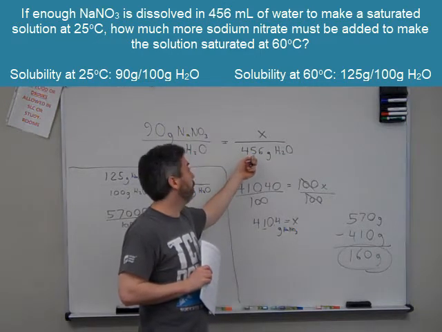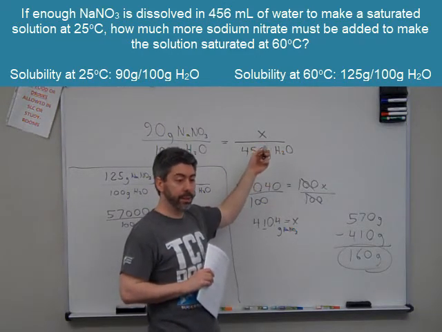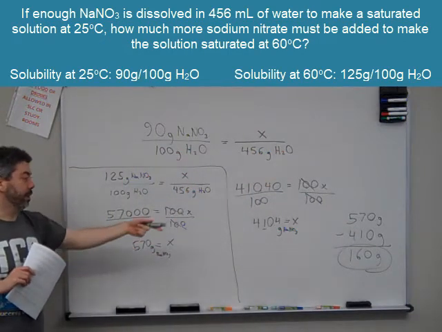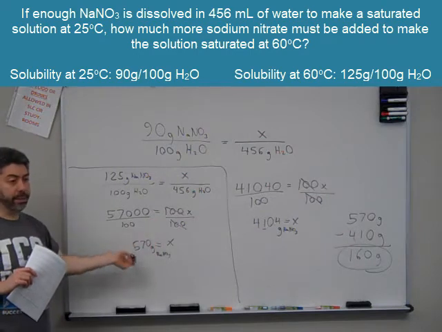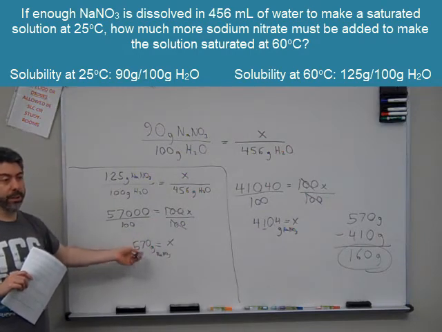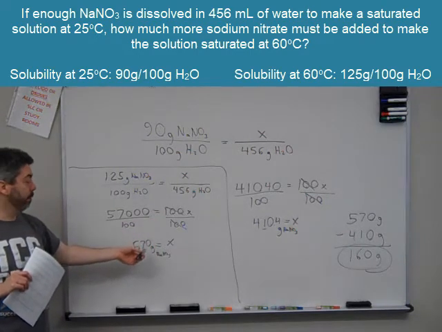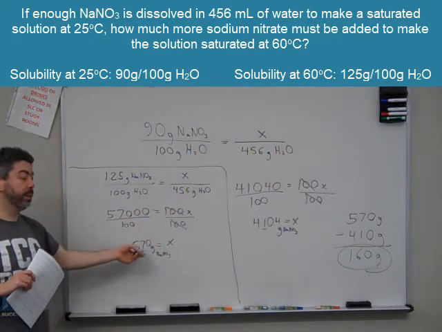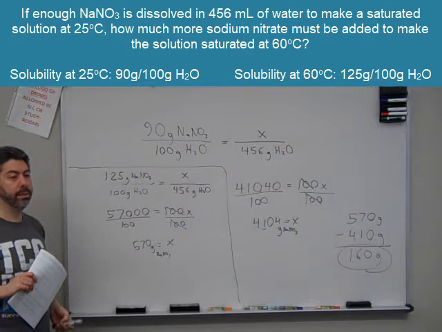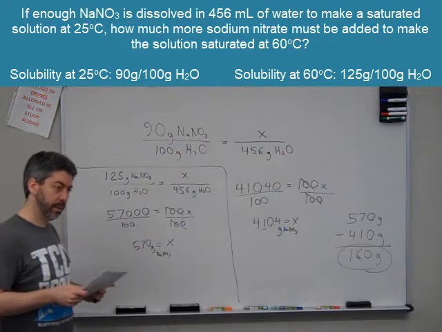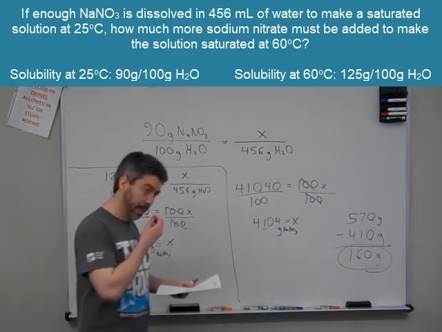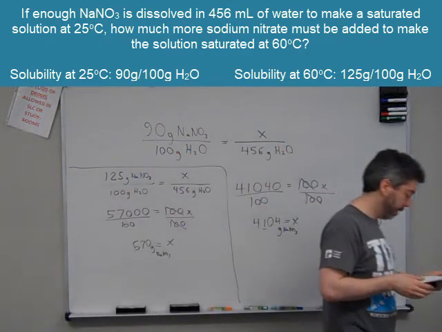Then the water is heated up to 60 degrees Celsius, and you need to add 160 grams to make it saturated at 60 degrees, because at 60 degrees Celsius the 456 grams of water can hold 570 grams of sodium nitrate. Does that make sense? So the solution is saturated.